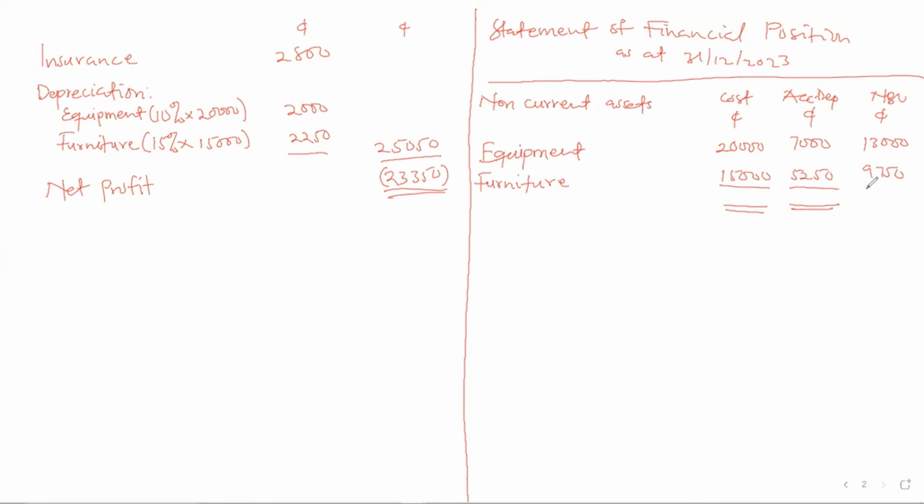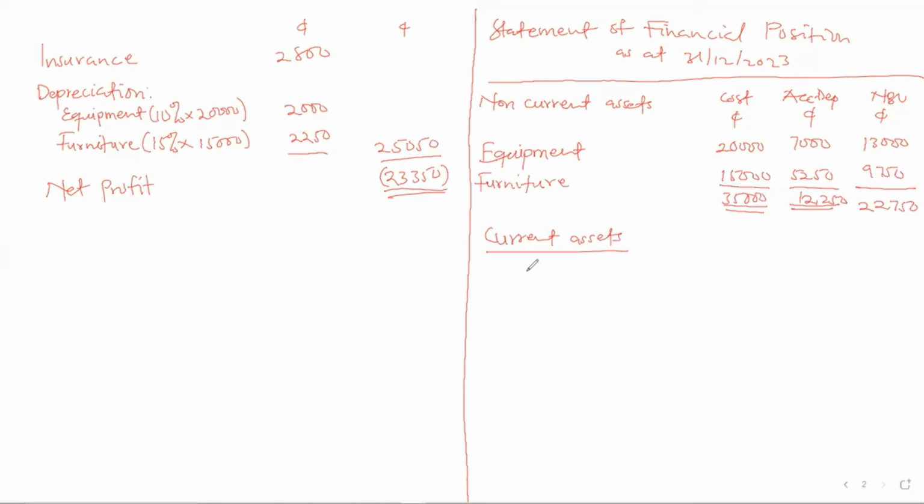So when we add this, we will get 22,750. And when we add this, we'll get 35,000. And this will also give us 12,250. Okay. Then we move to the current assets.